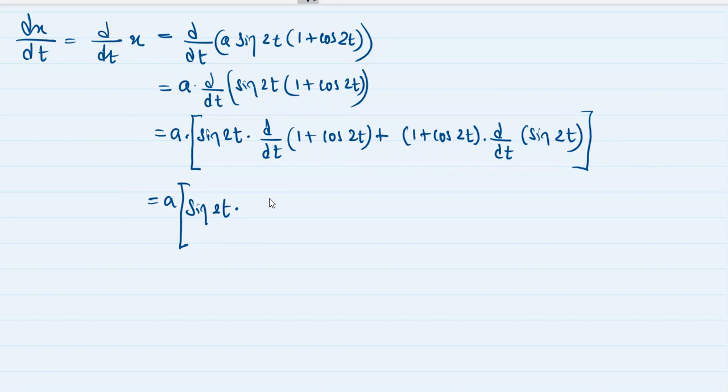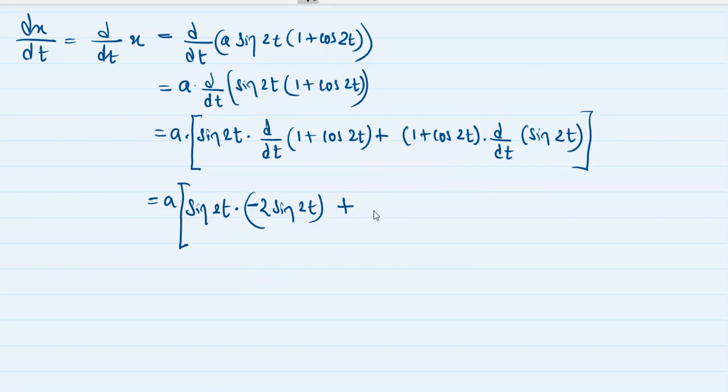See, d by dt of cos 2t will be minus sine 2t multiplied by d by dt of 2t, which is 2, right? So minus 2 sine 2t. A is outside, so we are not bothered about that right now. Okay, so that is in multiplication with sine 2t, so we will get minus 2 sine square 2t.